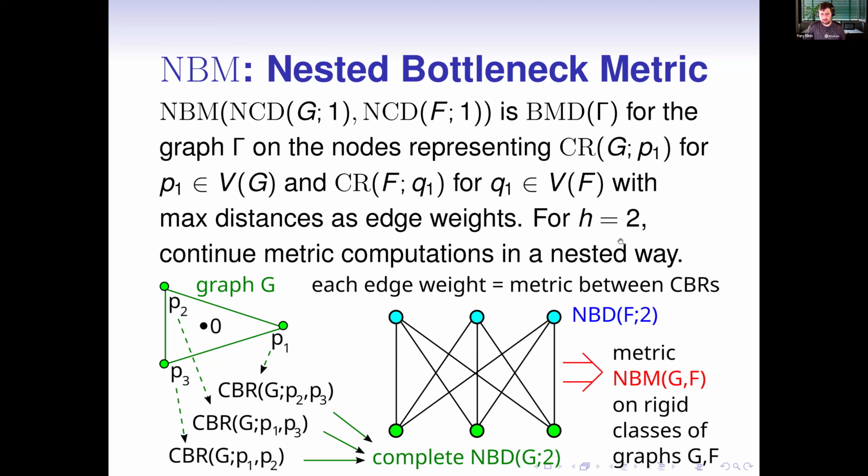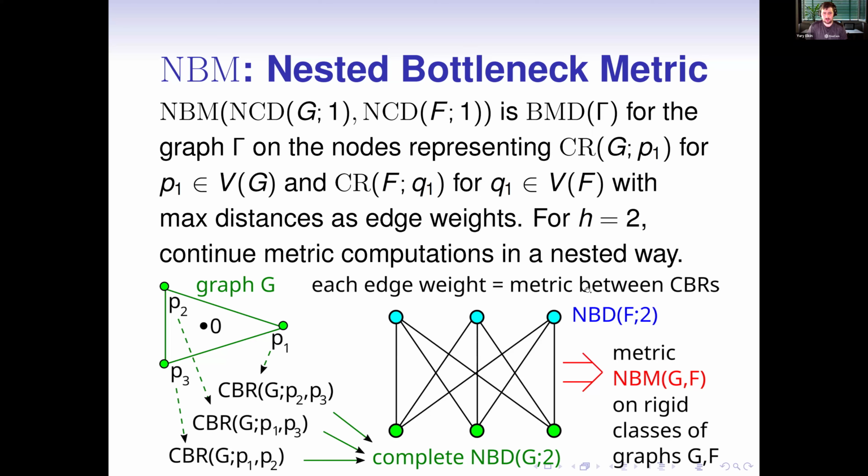And when h is 2, then we use the nested structure. So we had fixed 1, then we fixed 2. We know the distance between the two; those are computed. Then we know the distance at those. Then we are back to the case when we have n complicated objects. Then we again compute the bottleneck distance.